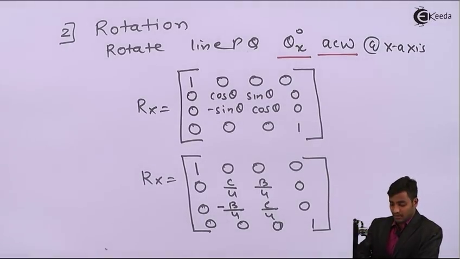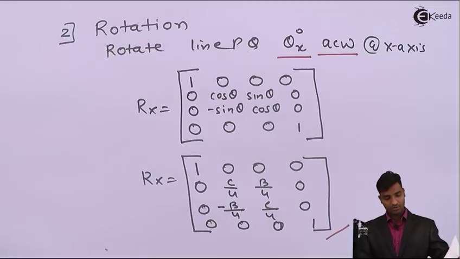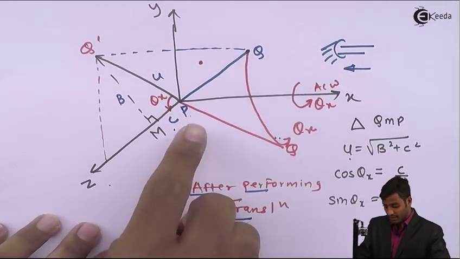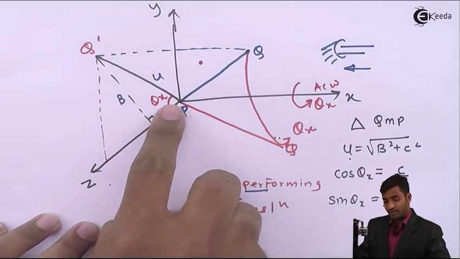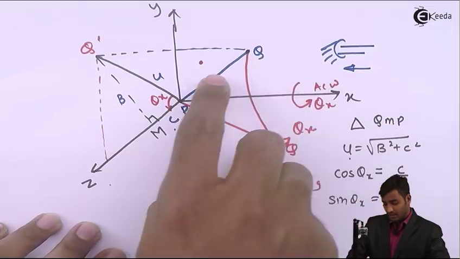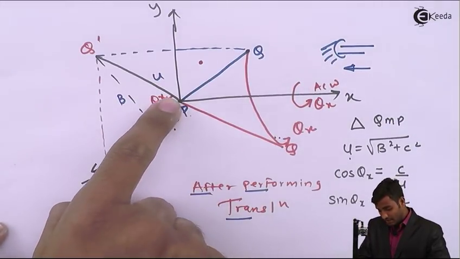So these are the matrices which I got after performing rotation about x-axis. So after performing rotation, the line has been transformed to PQ dash. Initially it was here. After performing rotation by theta x degree anti-clockwise, the line has come here.